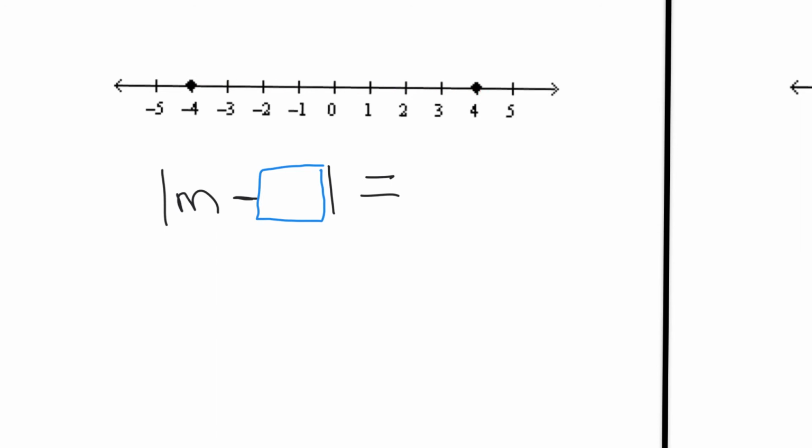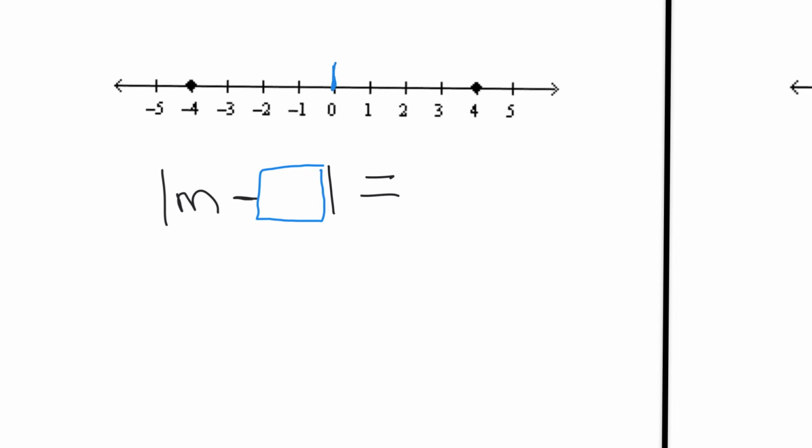From negative 4, 1 unit, 2, 3, 4, 5, 6, 7, 8. So halfway, which means divide by 2, will be your midpoint. That means half. So 8 divided by 2 is 4. So from this point, I'm going to count 4 units. 1, 2, 3, 4. So this one here is the midpoint right here.